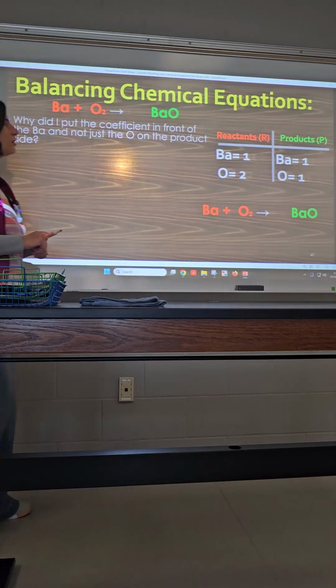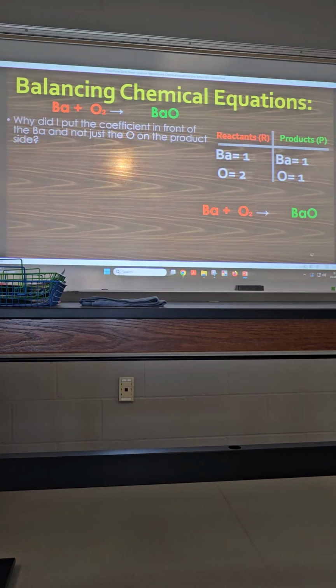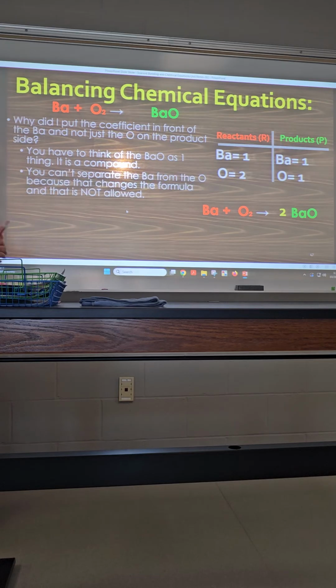So why did I put a coefficient in front of the BA and not the O? Well, the BAO is one thing. It is a single compound, and you cannot separate it. Putting the 2 doesn't change the formula. Now we have 2 BAOs, or barium oxides, instead of 1.